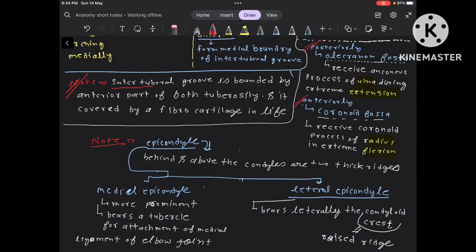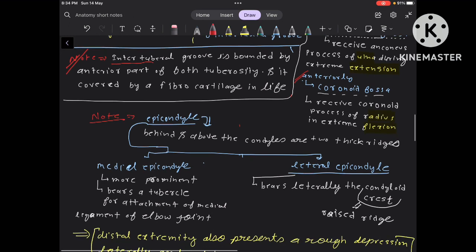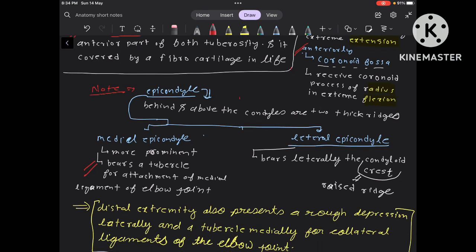There are epicondyles present behind and above the condyles, and they are thick ridges. They are two in number, the medial epicondyle and the lateral epicondyle. The medial epicondyle is more prominent and it bears a tubercle for attachment of the medial ligament of the elbow joint.